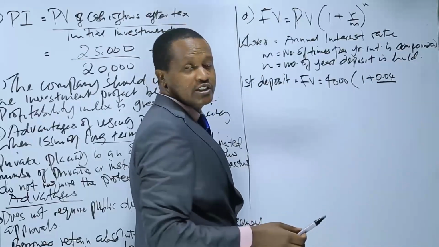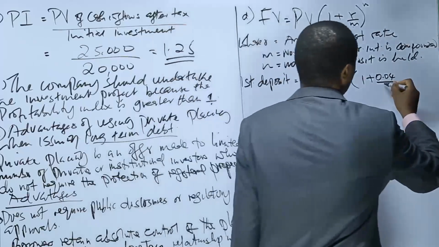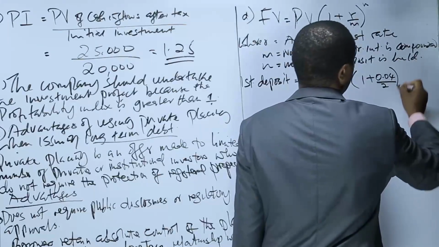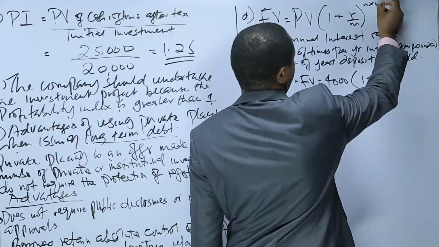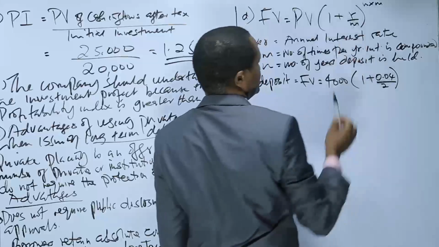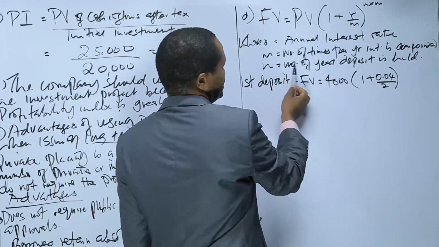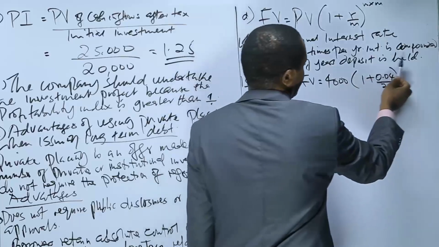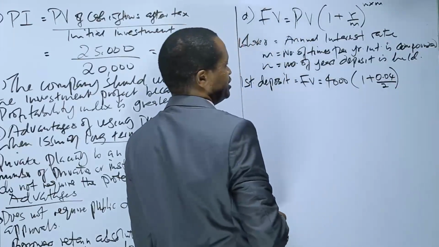This interest is compounded twice, so we divide by 2, then we raise it to N times M. It's supposed to be N times M. We've seen that N is the number of years the deposit is held.